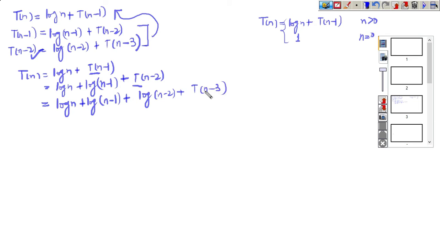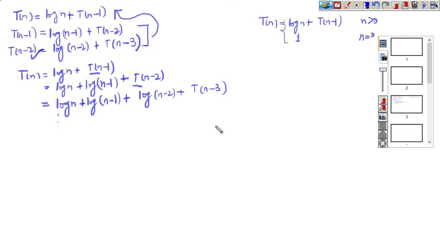Now this equation keeps on expanding in such a way, so we need to identify the pattern, how it is actually expanding. So we need to find a generic term. If we keep on expanding like this, you can see when we reach the third expansion we get n minus 3. That means if you go to the kth expansion you will reach n minus k.